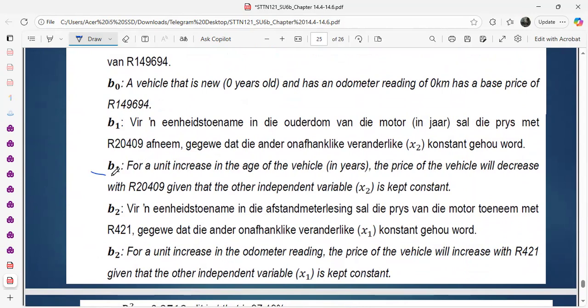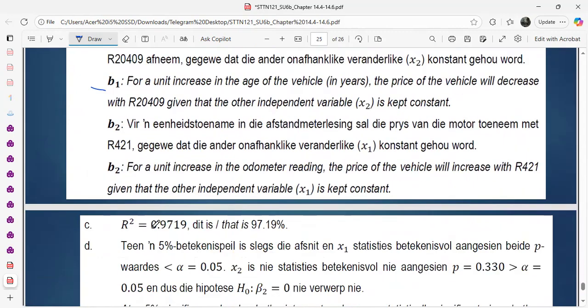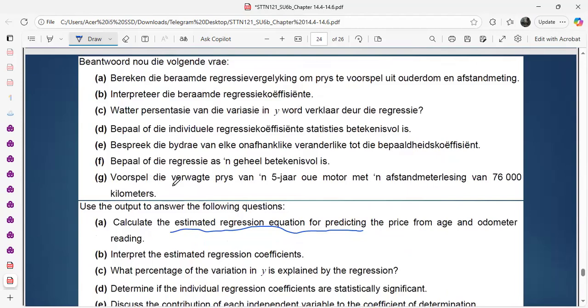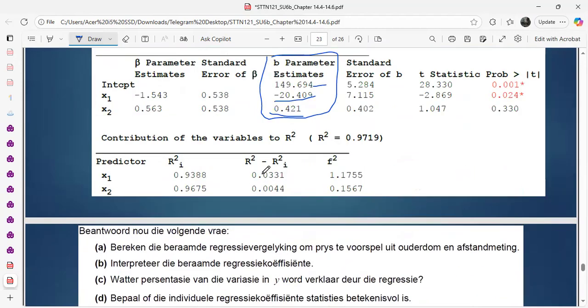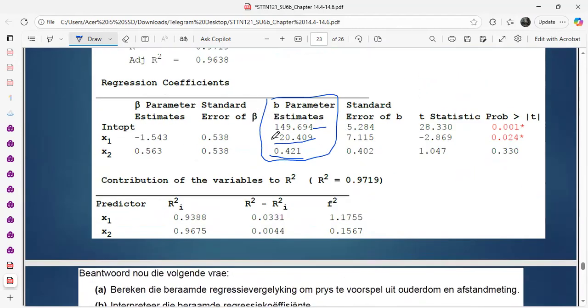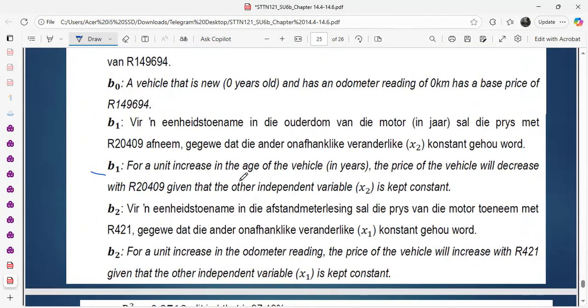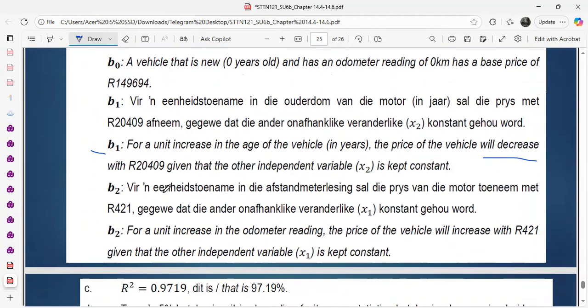Remember, if they say you need to interpret the B1 value, this one, it's negative. So it will decrease, because it's negative, by that value that they mentioned.